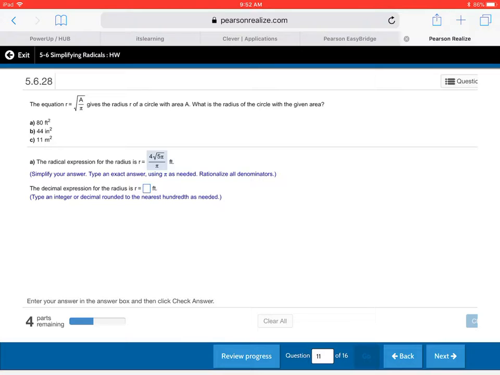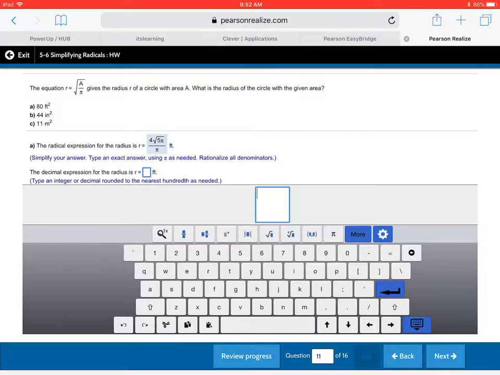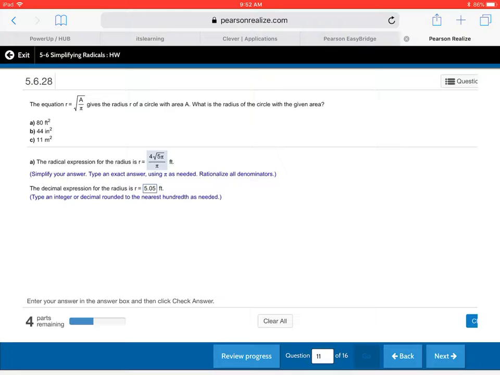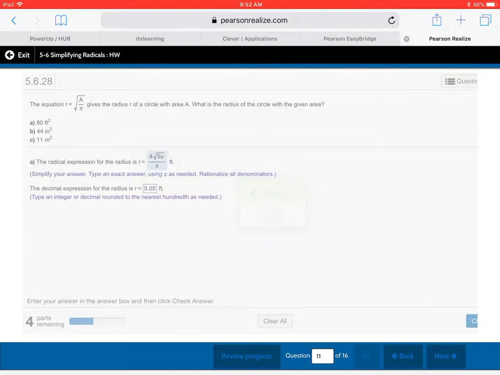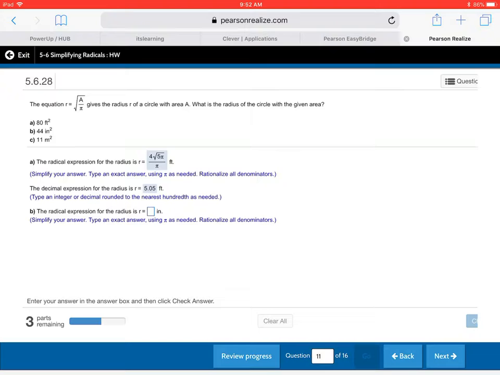Oh, now I find it. And we're going to divide that by pi. That's going to be 5 point, nearest hundredths, so 5.05. Yep. And then we're going to do the same thing with part B.